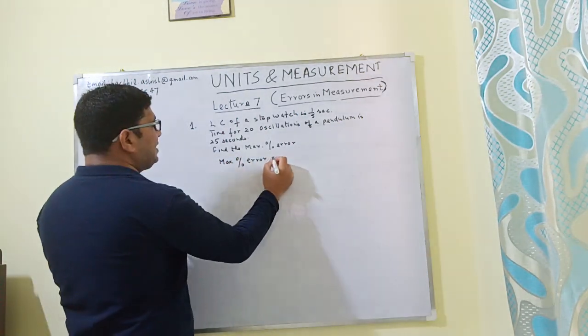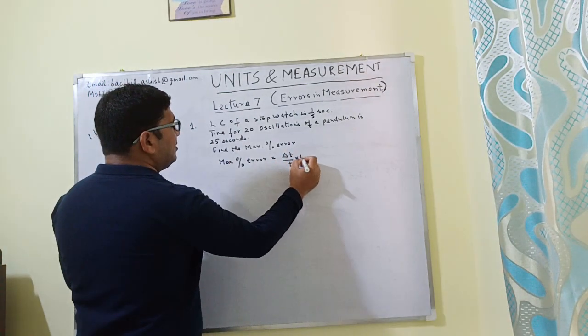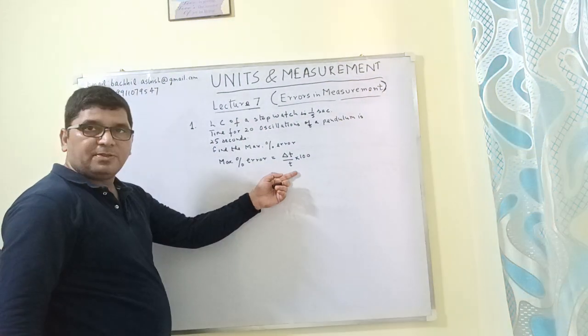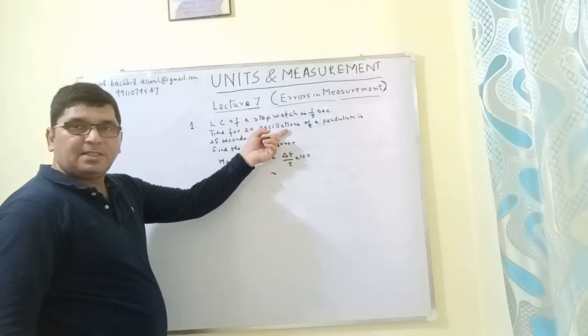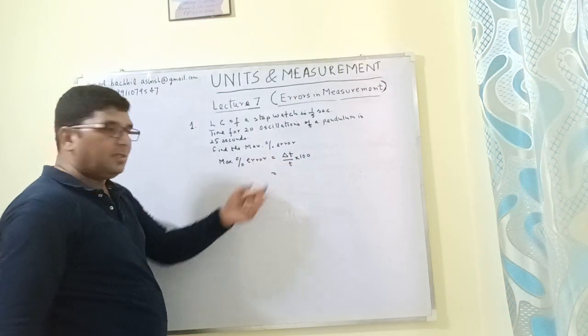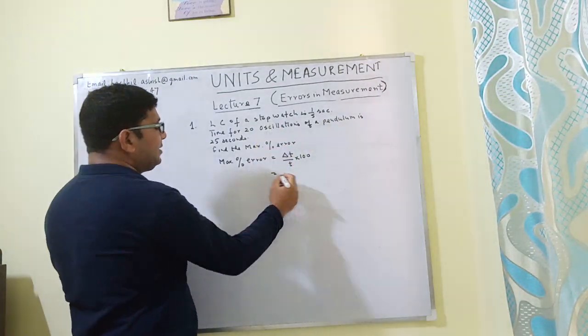The maximum percentage error will be given by delta t upon t into 100, where delta t is the absolute error, or the maximum possible error in the measurement of oscillation of a pendulum, and t is the time taken for 20 oscillations.